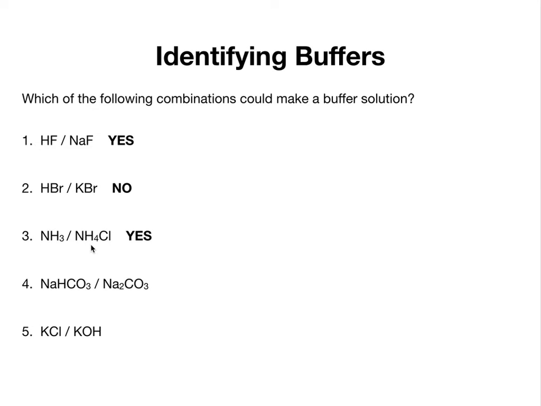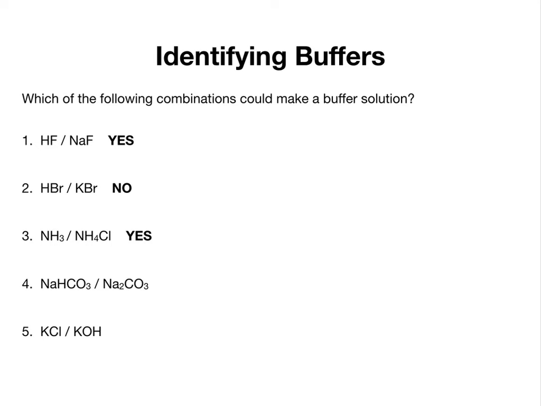We do. The ammonium ion is the conjugate acid of ammonia. Is the ammonium ion a strong acid? No, it's not one of the 6 strong acids. What does that mean? It must be a weak acid. So a weak acid, in terms of the ammonium ion, a weak acid and its conjugate base, that would make a buffer solution.